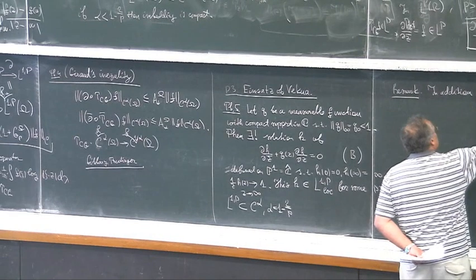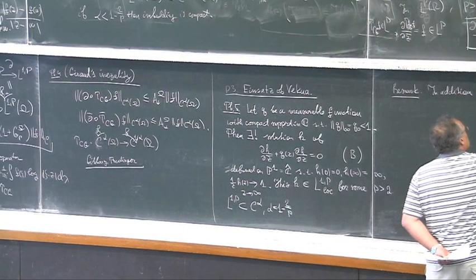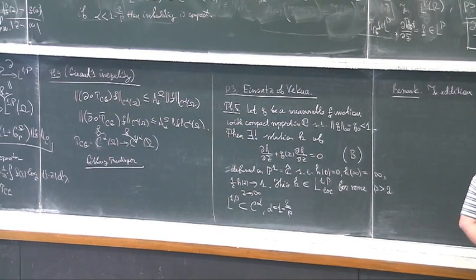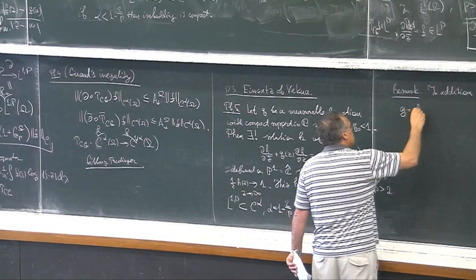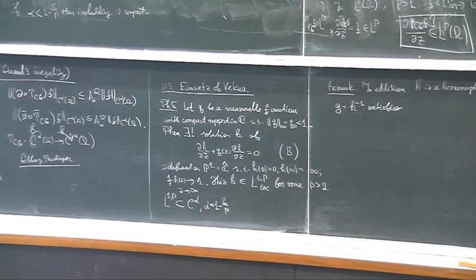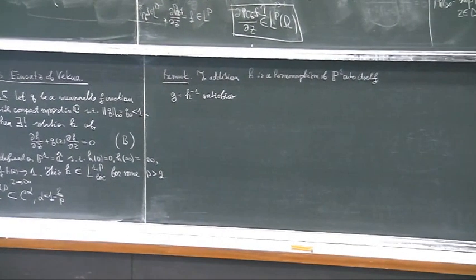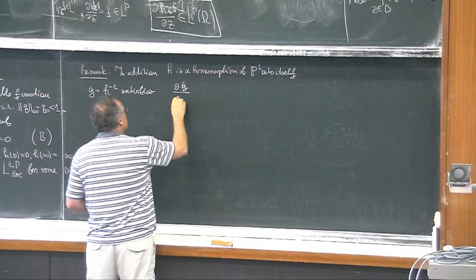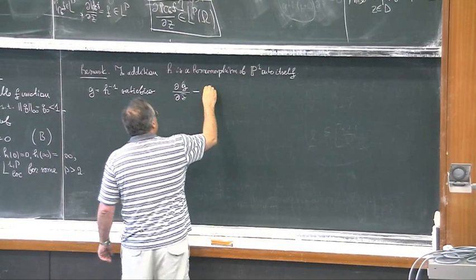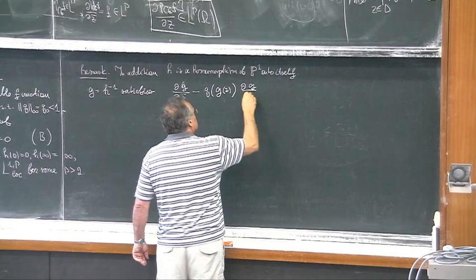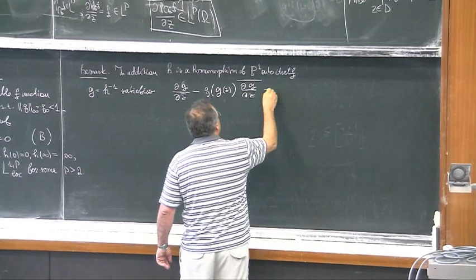In addition, h is a homomorphism of P1 onto itself, and the inverse homomorphism satisfies the same type of equation, but quasi-linear: dg over dz bar minus q of g of z, so it's quasi-linear, dg over dz bar over the whole thing equal to 0.